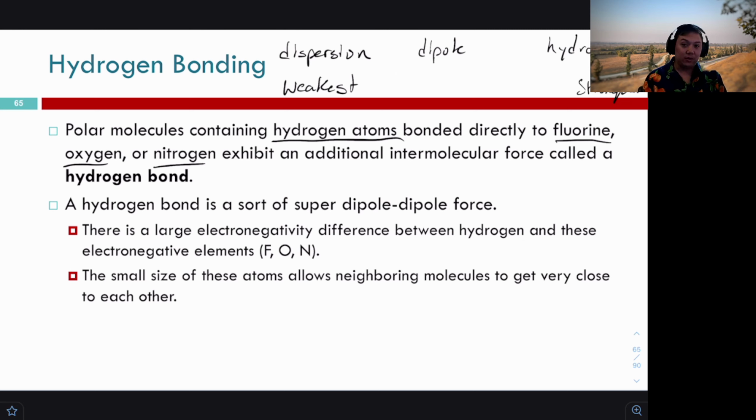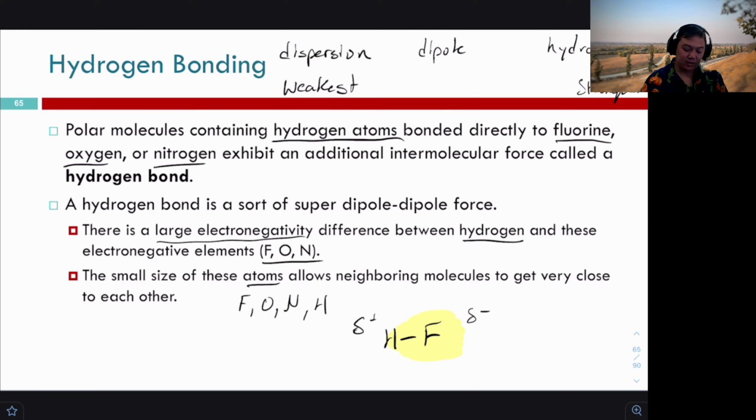So if we visualize the electrons with an electron cloud, most of those electrons are going to be around fluorine. So that's going to have our partial negative. And then the nucleus of hydrogen, which is positively charged, will be relatively exposed.